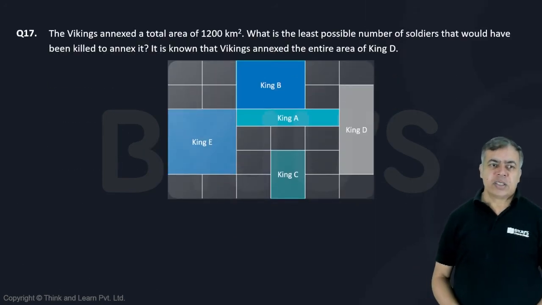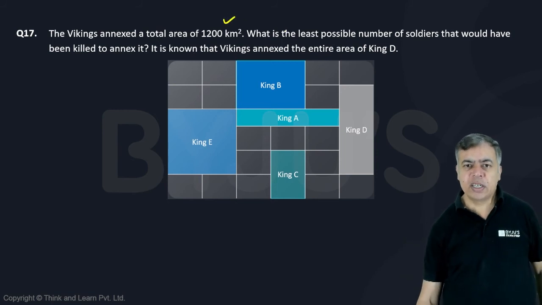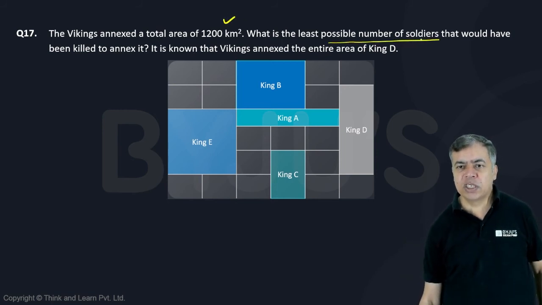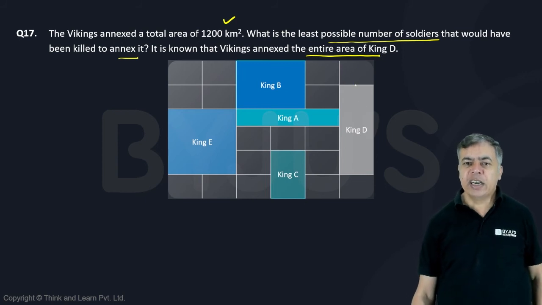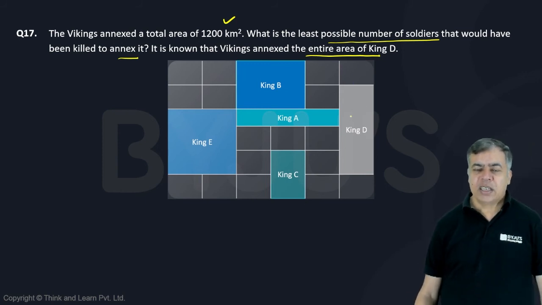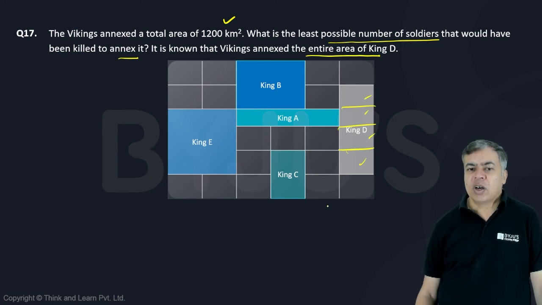Okay, see the question. The Vikings annexed a total area of 1200 kilometers square. What is the least possible number of soldiers that would have been killed to annex it? It is known that Vikings annexed the entire area of King D. So King D entire area gone. Now that means 1, 2, 3, 4 squares. Right? 4 squares gone. So how can I take these 4 squares?